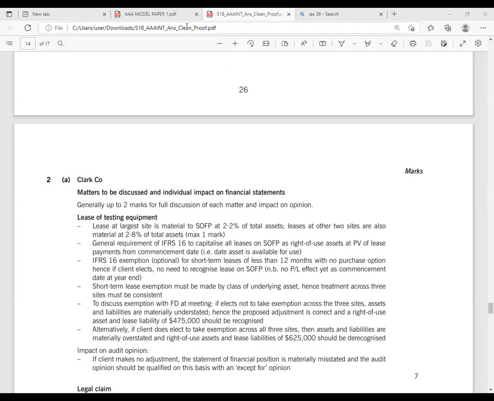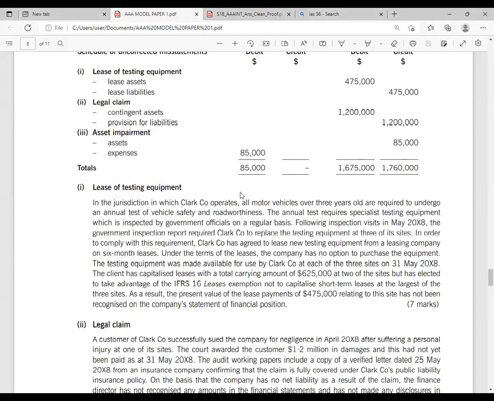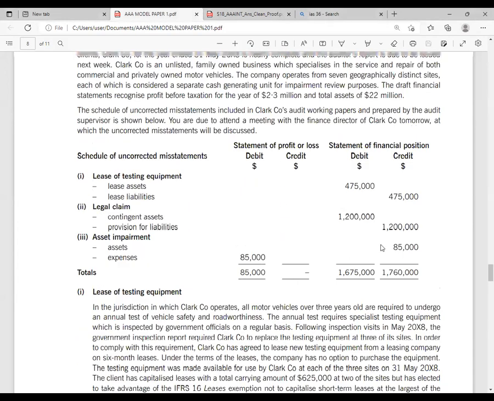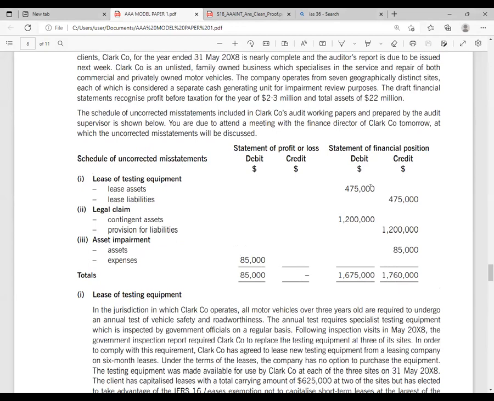So the error that we have been able to identify is okay, and we have given them what they need to do: they need to take the 475,000, debit the lease assets, and then credit the lease liability. So if that is the case, we request that they make that change.